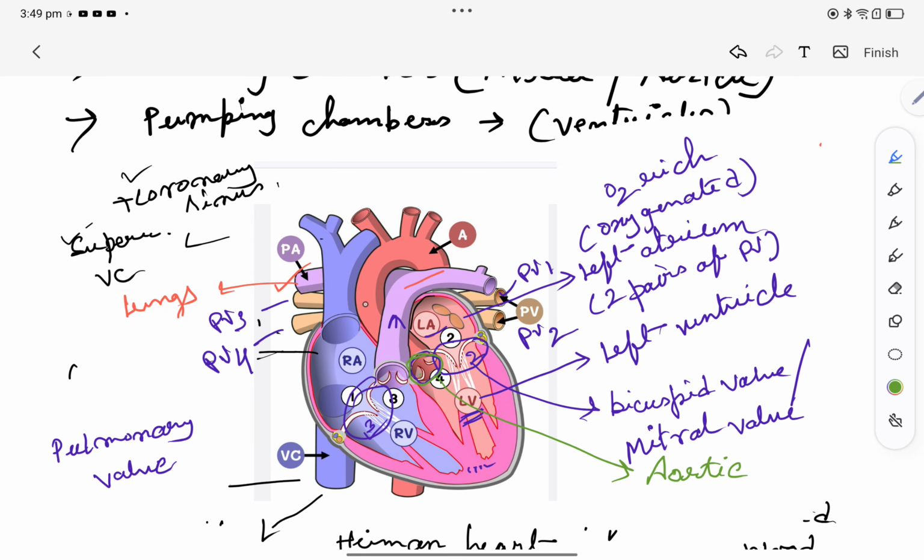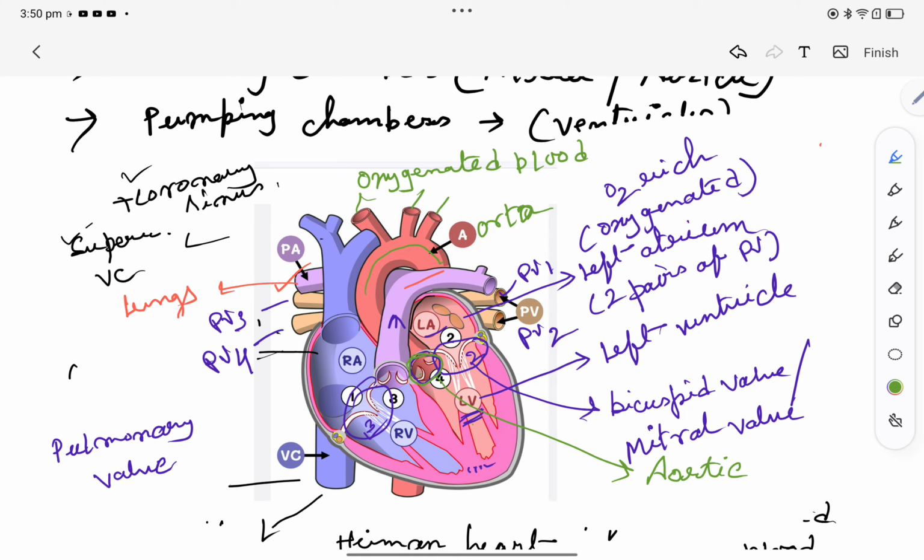This entire red portion that we can see is the aorta. A is already written, so I am writing the rest: aorta. Once oxygenated blood comes to the left ventricle, it goes to the aorta via the aortic valve. This is all oxygenated blood, and this will go to the entire body.